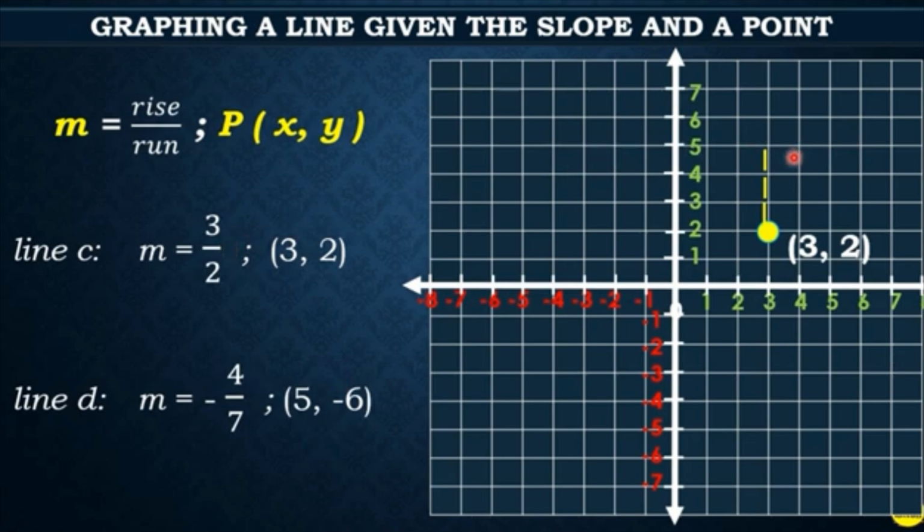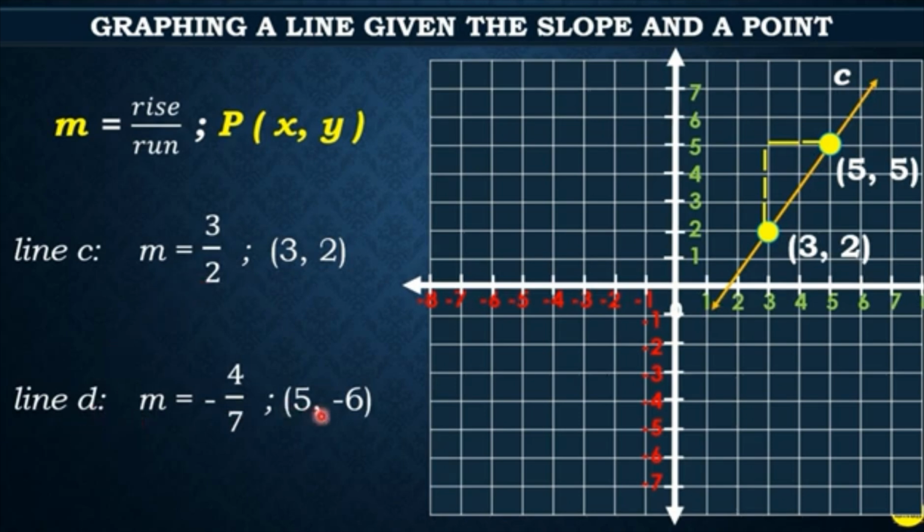So, move tayo pa right. 2 beses. 1, 2. So, this is your point, and this is point 5, 5. Okay, now we can now graph line C. Okay, so as you can see, our graph rises or increases from left to right because our slope is positive.